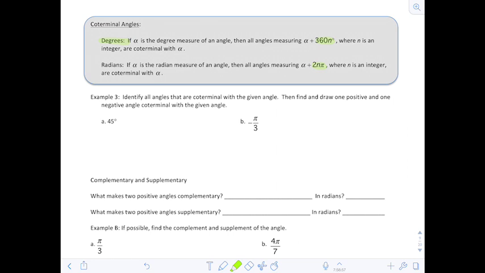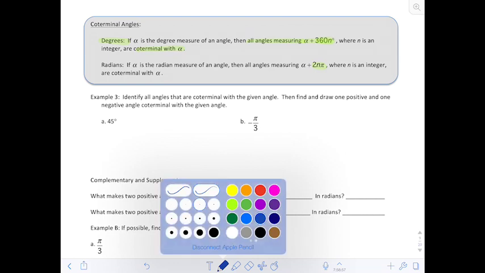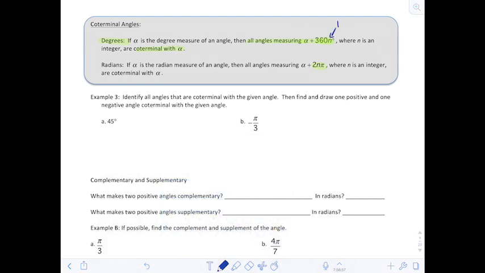If alpha is the degree measure of an angle, then all angles measuring alpha plus 360n degrees, where n is an integer, are coterminal with alpha. What is n? N is an integer because it's the number of revolutions.